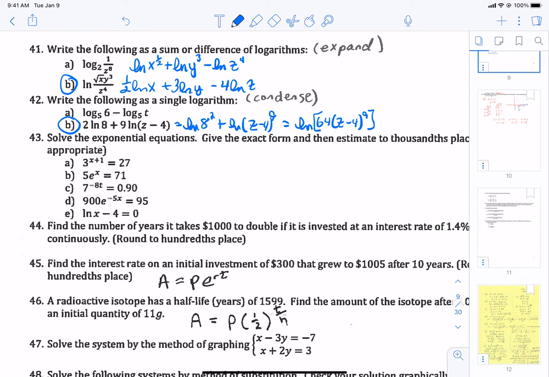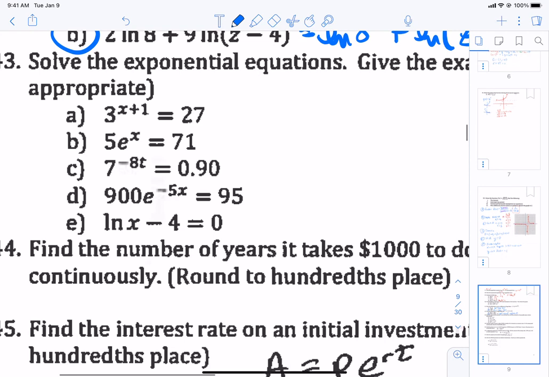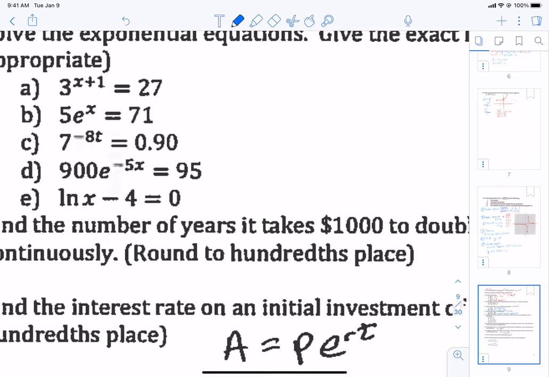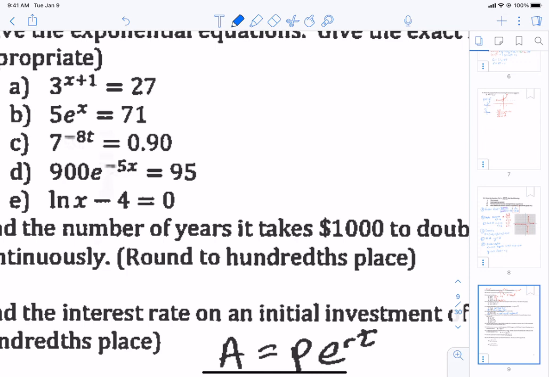Okay, let's take a look at 43. Now I want to do one that's set up nicely and one that isn't. We're just going to kind of go down the list and I'll get these started for you. For 43a, the nice part is that we could rewrite 27 as a power of 3.